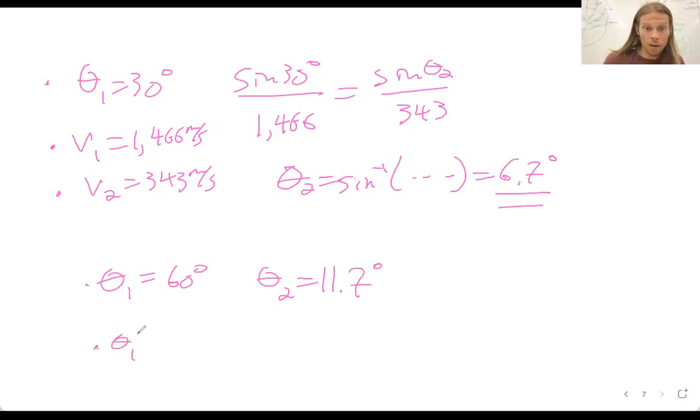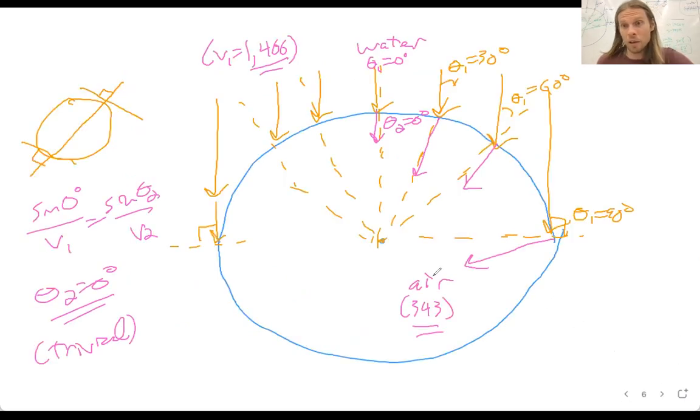And when theta 1 is 90 degrees, we get that theta 2 is 13.5. And that's interesting. You're going to think about that for your homework. This is 13.5 degrees. This is 11.7 degrees. This is 6.7 degrees. That's your math. That's your answers. That's your drawing.